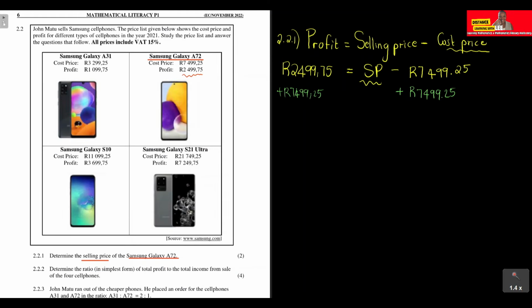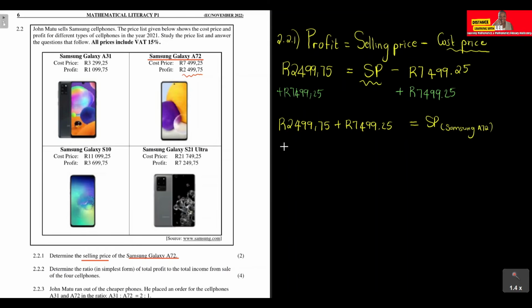Therefore, if you take 2,499.75 plus 7,499.25, you'll get the selling price for your Samsung A72.